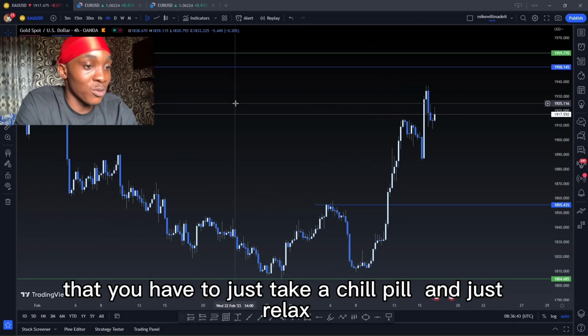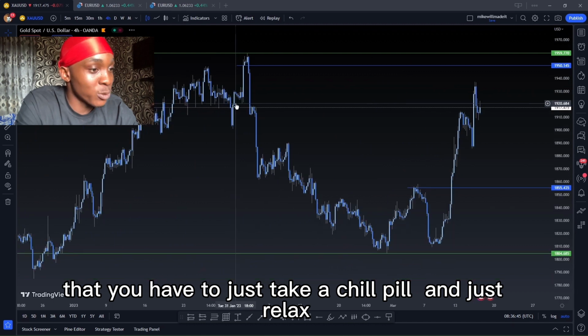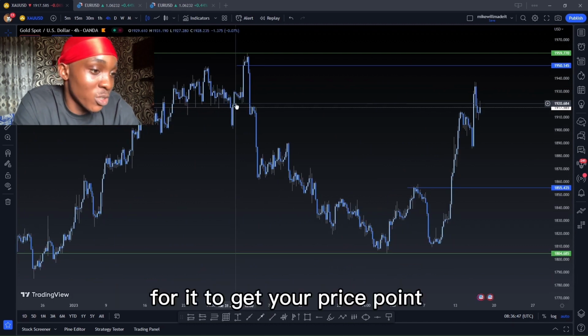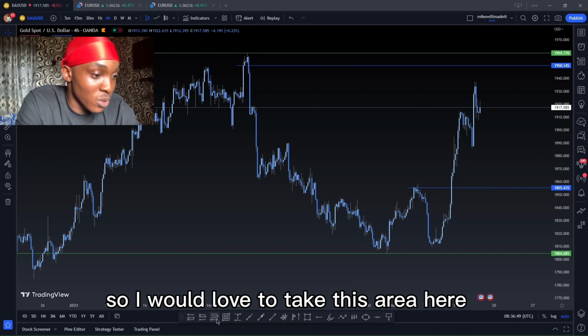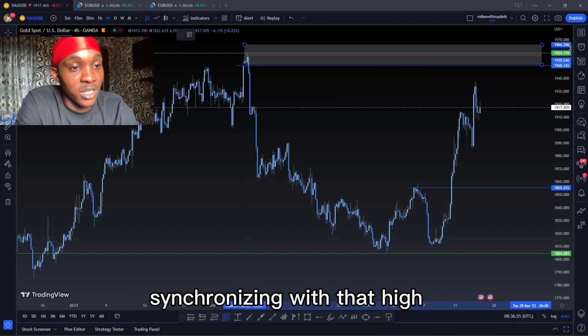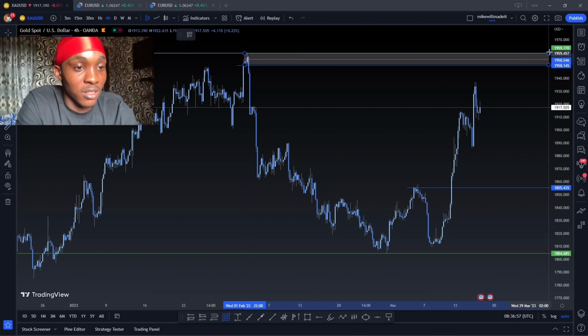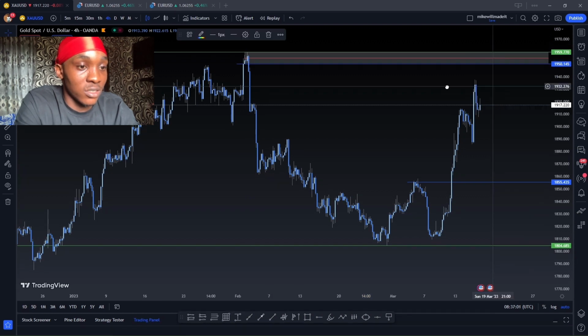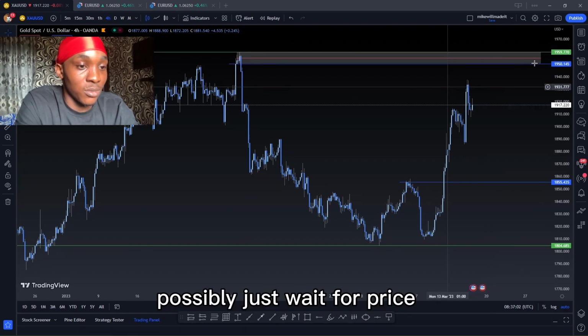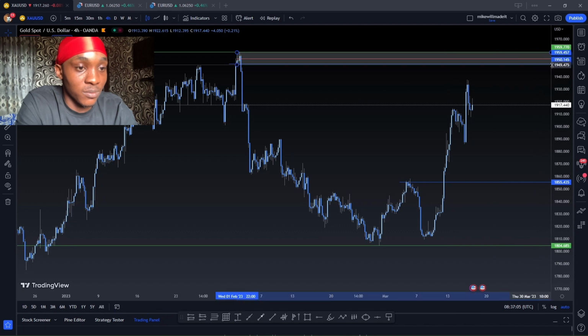Gold is a pair that you have to just take a chill pill and just relax for it to get to your price point. So I would love to take this area here, synchronize it with that high, so that everything can just resonate with each other, and possibly just wait for price.